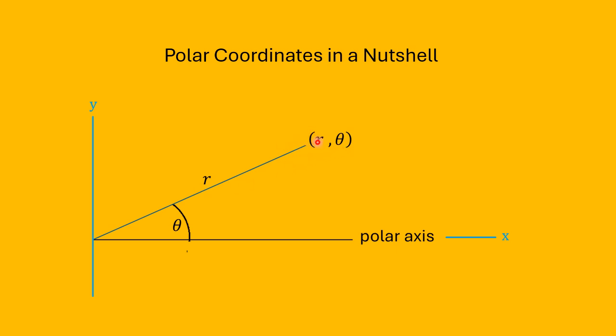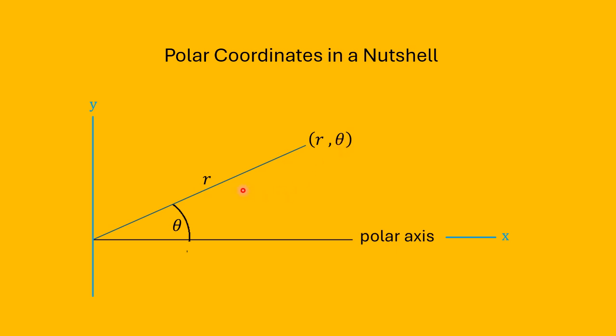Well, the first coordinate r is the distance from the pole, which is right here, more or less like the origin of a coordinate system, out to that point. Theta is this angle. So basically what we have here is a distance r and an angle theta, the direction where we go to find our point.